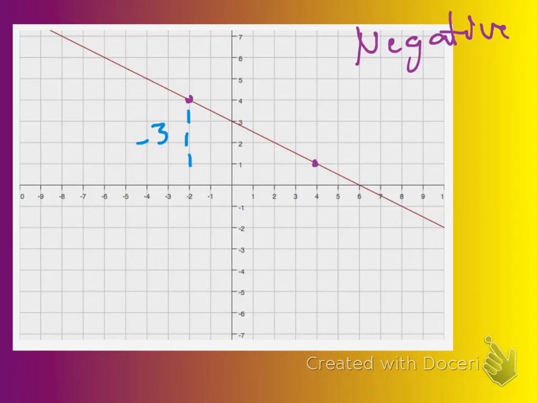And then my run is going to be calculated by going this way: 1, 2, 3, 4, 5, 6. So now I'm left with 6 as my bottom and -3 as the top, which simplifies down to a slope of -1/2.